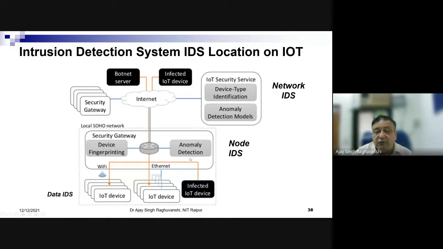Then using anomaly detection at the node, we get the node IDS. For the node intrusion detection system, the anomaly has to be detected on the node, so we can run this at the security gateway and find out whether there is an anomaly or not. And for network IDS, it has to be run on the internet, so that will be running on the servers, basically IoT services, device driven.